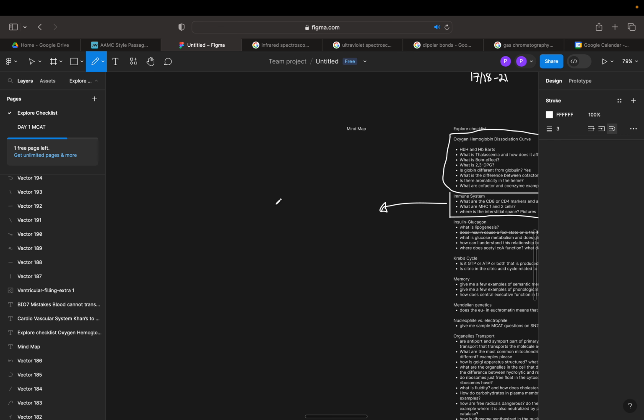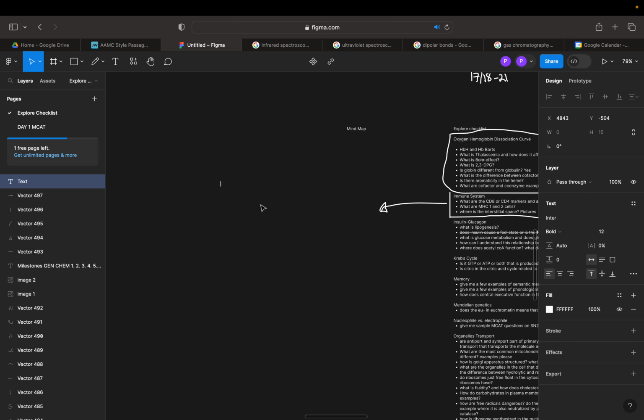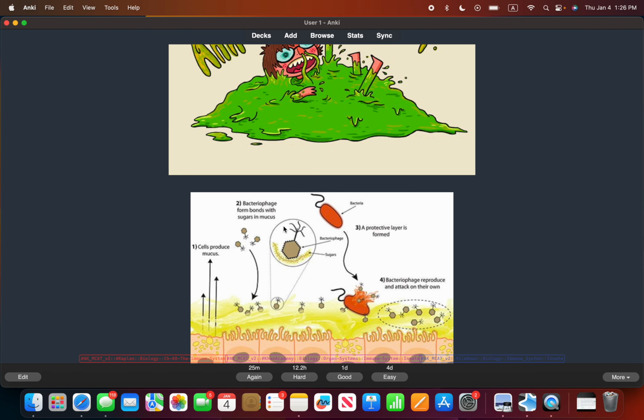So let's start here. Immune system. What type of cells produce mucus?